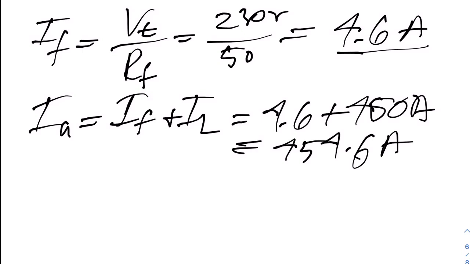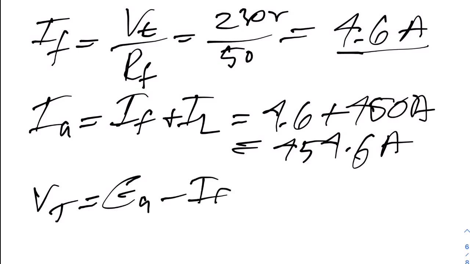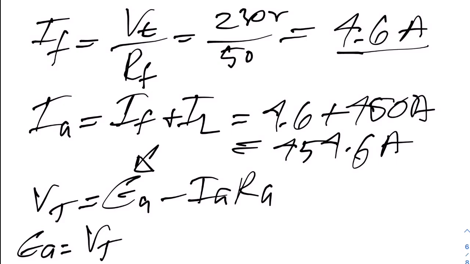Then VT equals EA, the armature voltage, minus IA multiplied by RA. We need to find EA, the generated voltage or armature voltage. So EA equals VT, moving the term to the other side, plus IA multiplied by RA. Substitute the values here, guys.